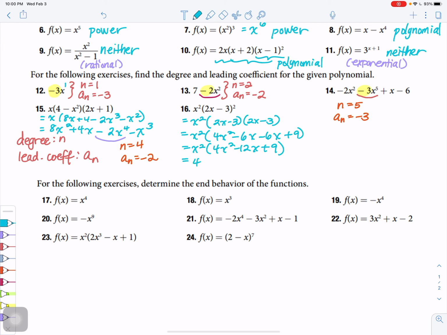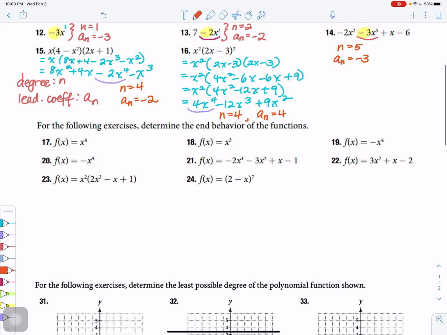And now let's distribute that x squared. Okay, what do you notice? There is your term with the highest power of x. So our degree is 4 like we thought, and our leading coefficient is 4.